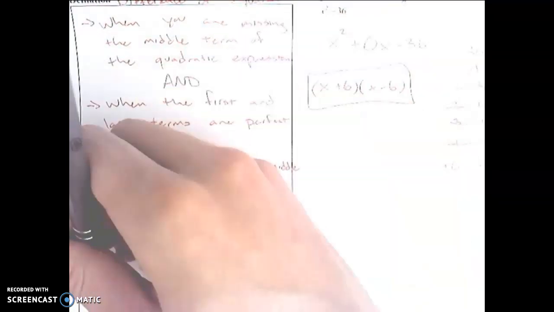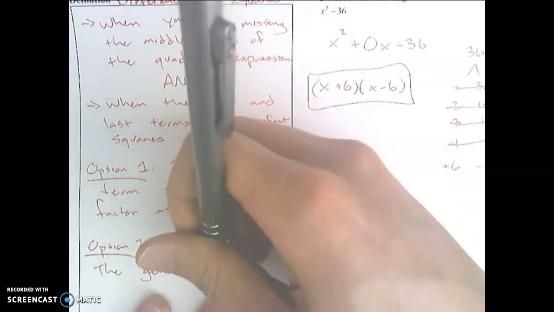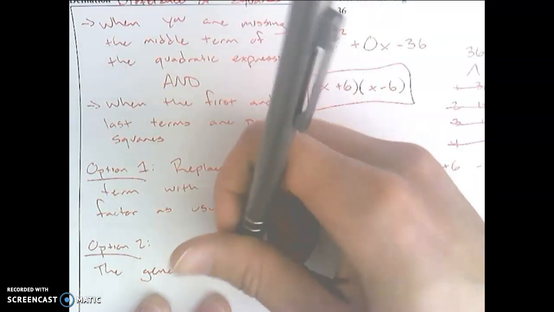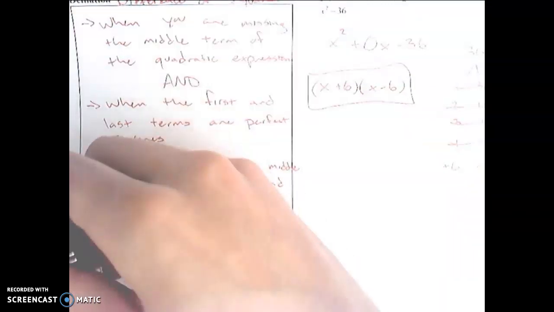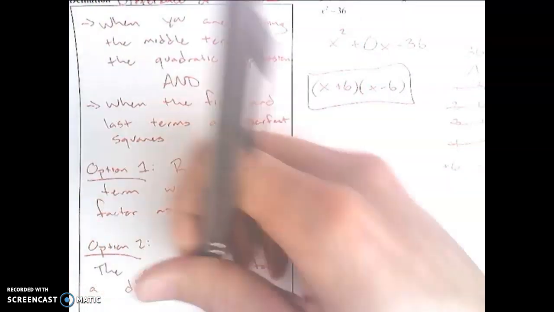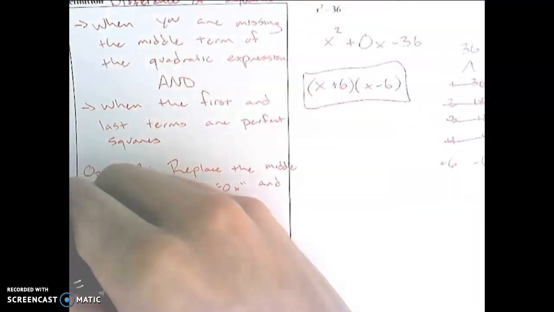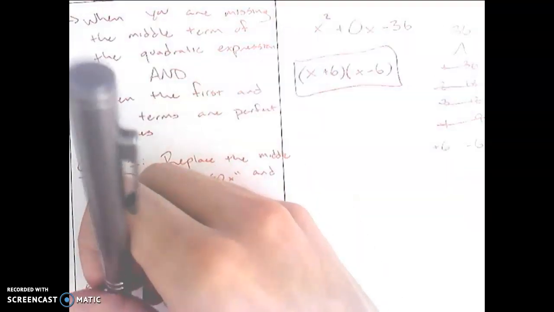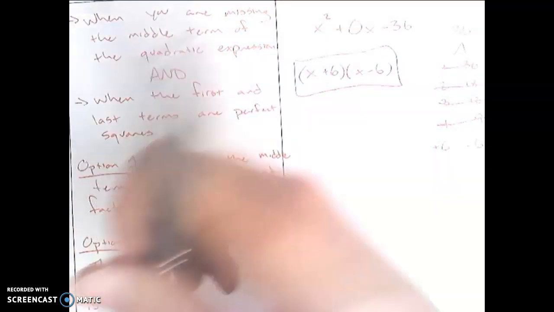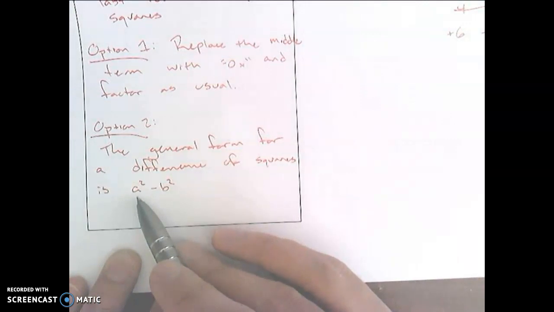The general form for a difference of squares is a squared minus b squared. So here we have a square, so a squared.